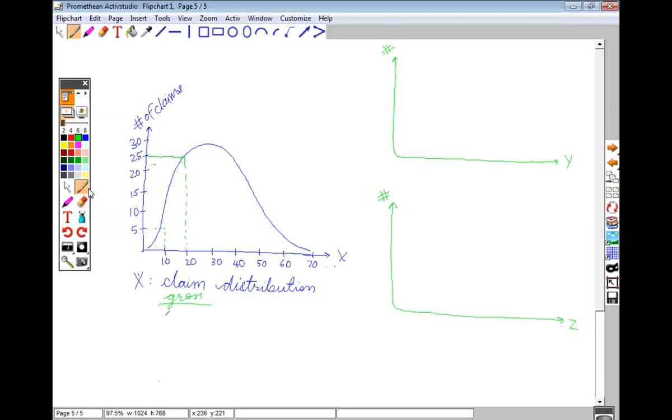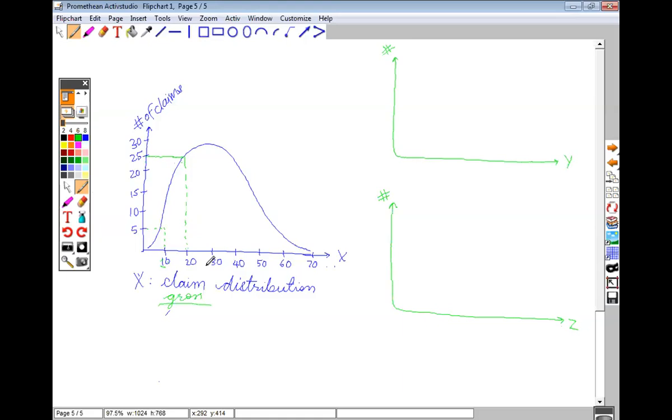Let's say I incur 5 claims of worth 10,000 and 25 claims of worth 20,000. Let me just write it as 10, 20 for now. We can ignore the thousands.